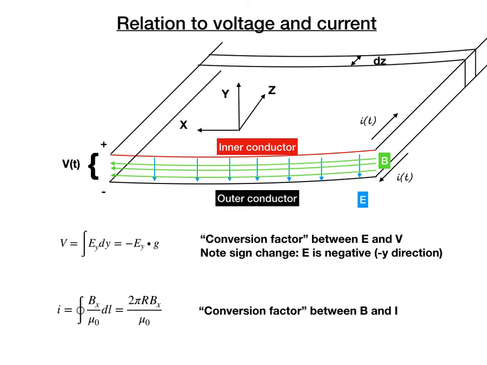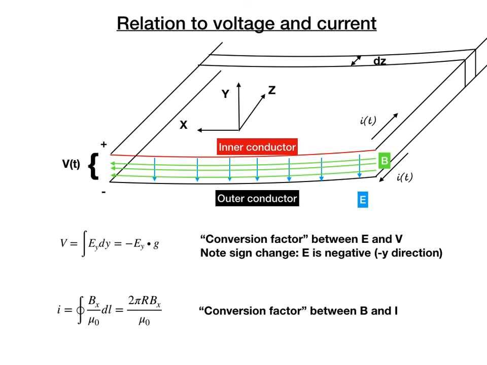So what we got is some conversion factor, a rather simple one, between the voltage and the electric field, and another conversion factor between the current and the magnetic field. These conversion factors are what relates the physics fields, E and B, to the actual electrical engineering voltages and currents, V and I.